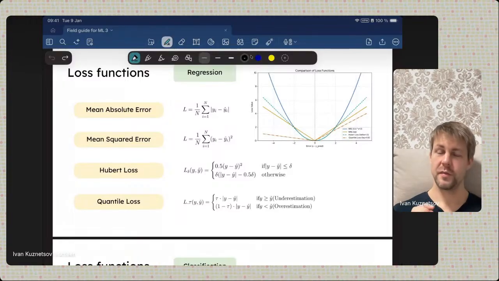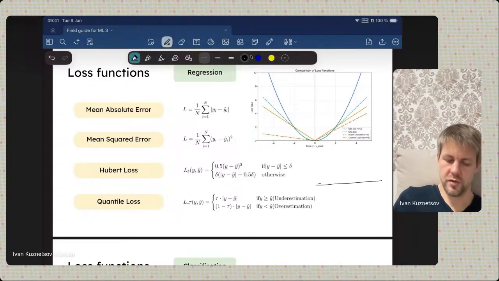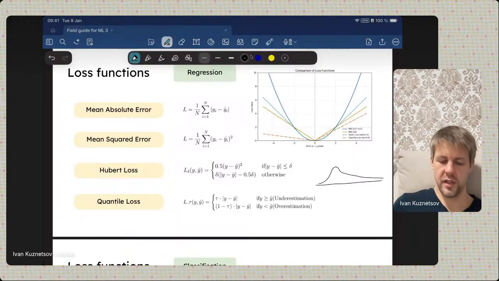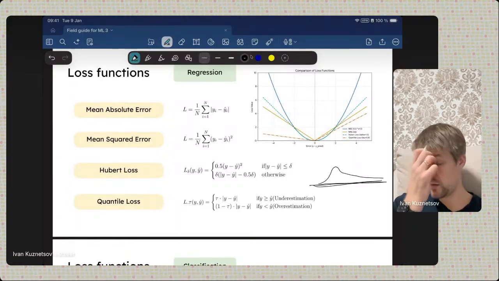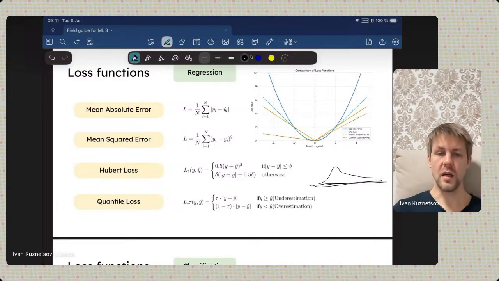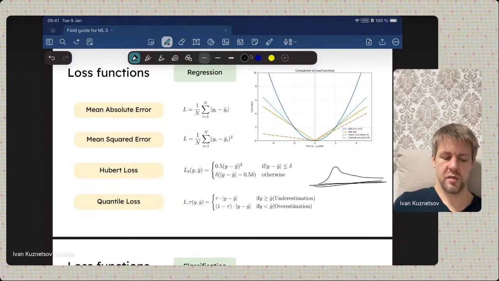It's important because let's say you have some log normal distribution, like this, with a long tail, right? And you want to make predictions. What will happen if you try to make these predictions using mean squared error?